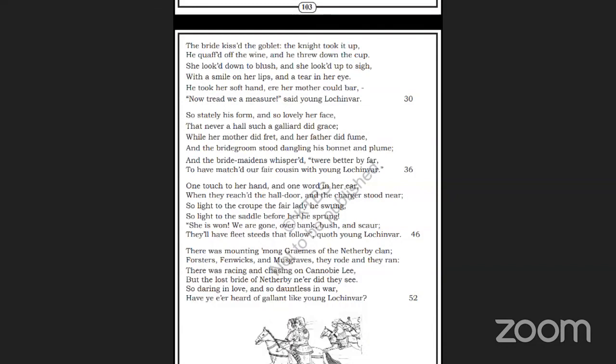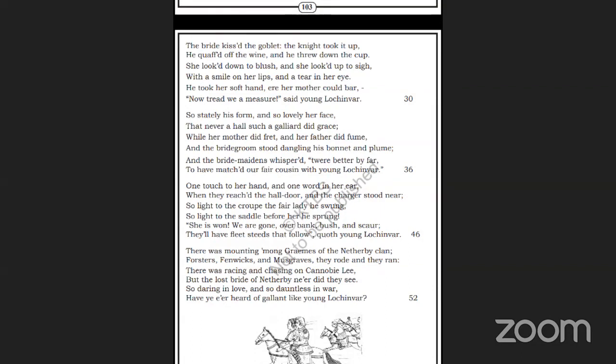Yes, the parents of Ellen, remember, were getting very angry because they did not want these two to dance. But everyone else wanted these two to dance because they were dancing very beautifully, very elegantly. And the bridegroom stood dangling his bonnet and plume. This is very interesting.